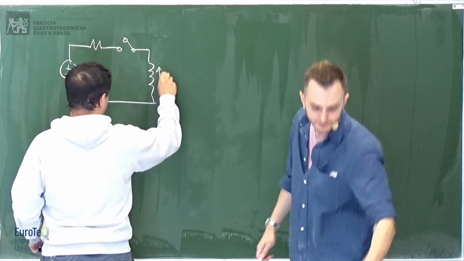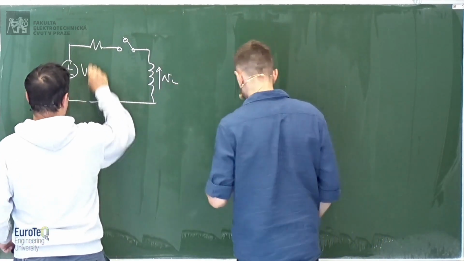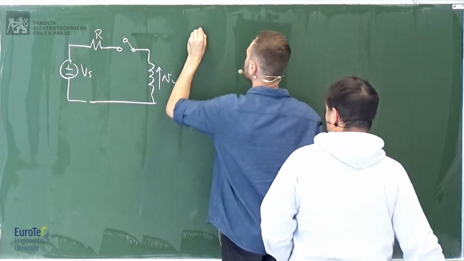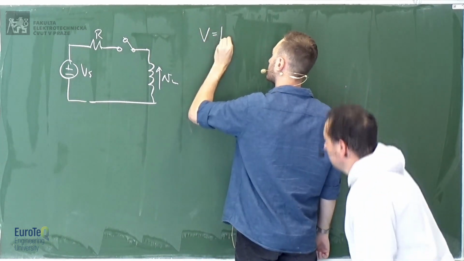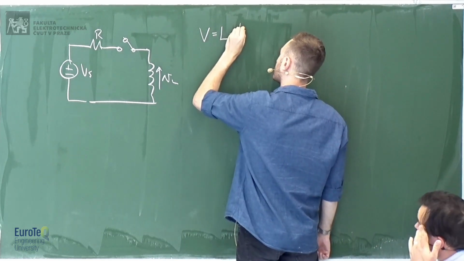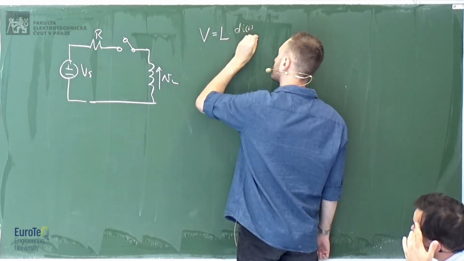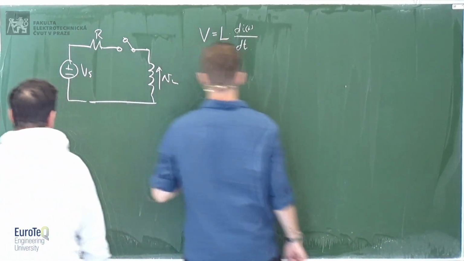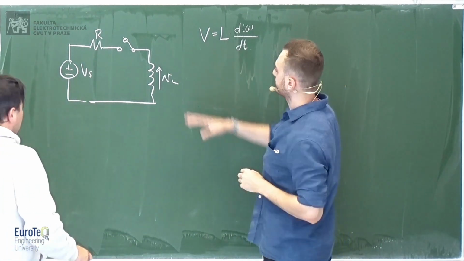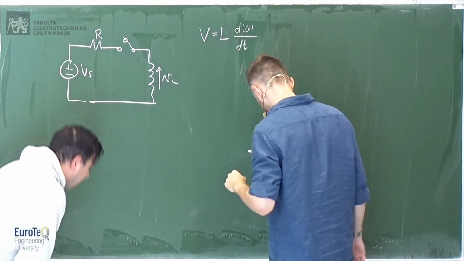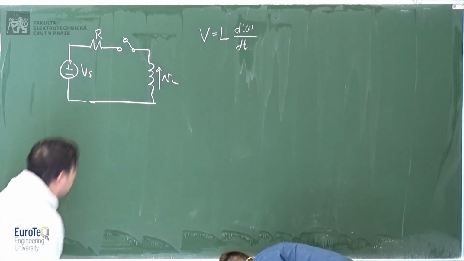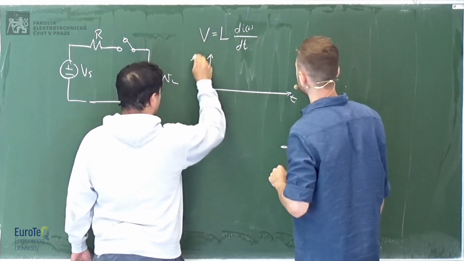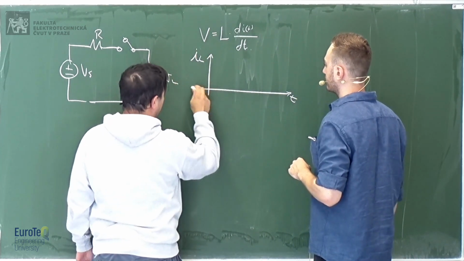Okay. This means that it resists the change in current. So the current at the beginning is 0. Here is the current in the inductor, which is the only current, by the way.